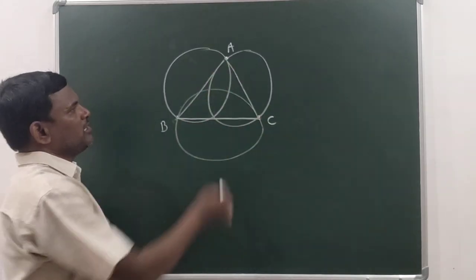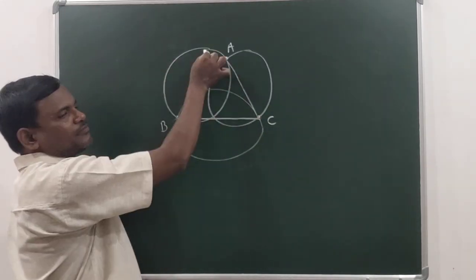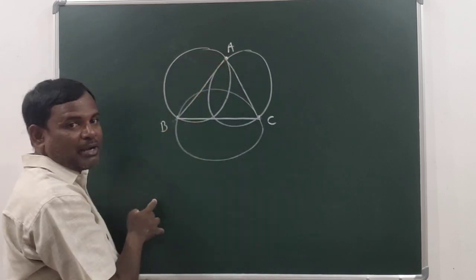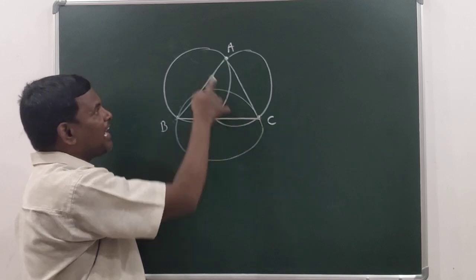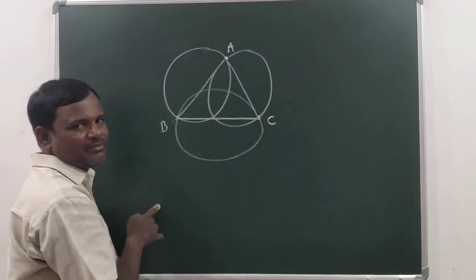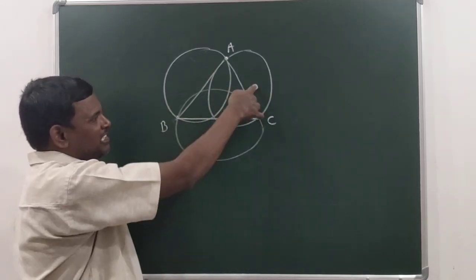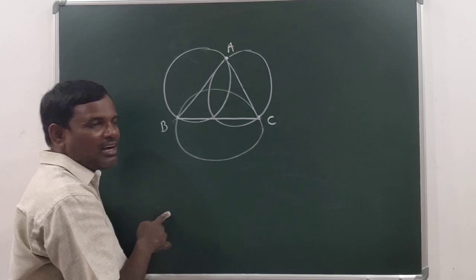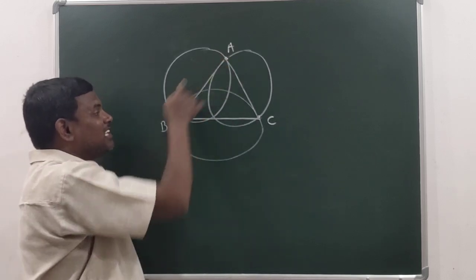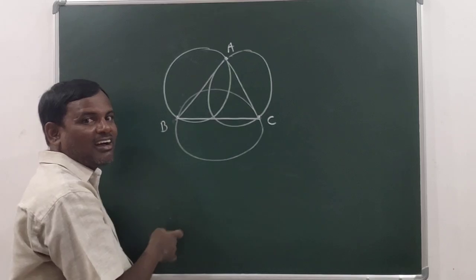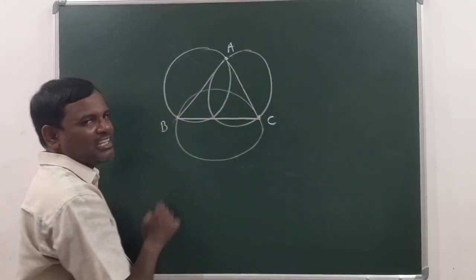Observe carefully. This is the circle which is described on this triangle ABC with AB as diameter. How are these three circles described on the sides of triangle ABC? AB, BC, CA are the diameters of these three circles.